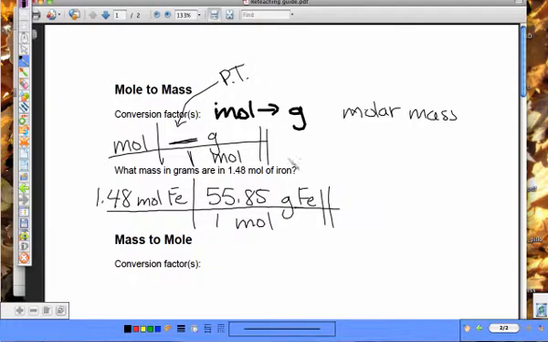Multiply. And what do you get? 55.85 times 1.48 is 82.666, and this would be grams of iron. If you have 3 decimal places, that's fine. So that's moles to mass.